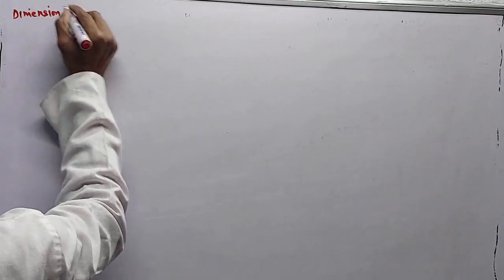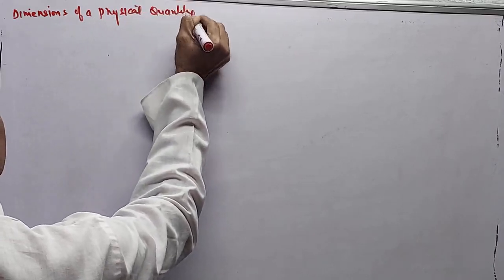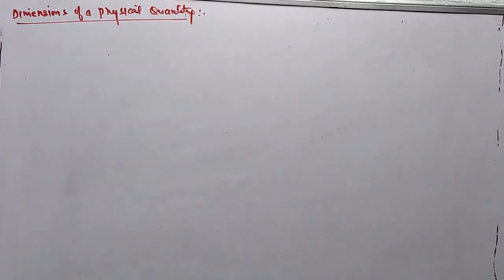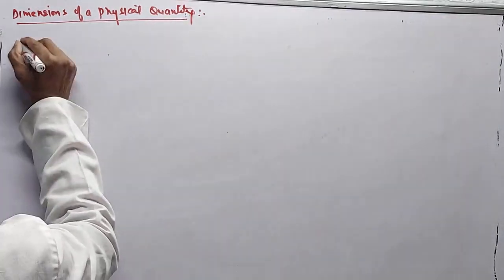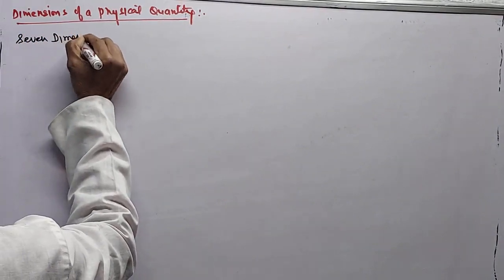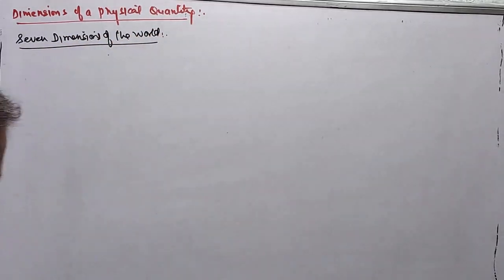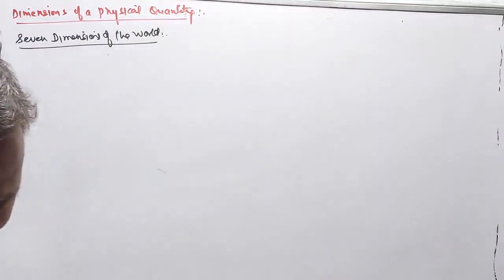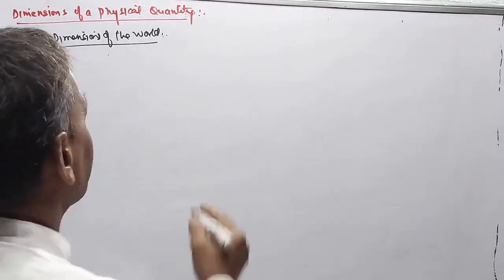Seven dimensions of the world. All the derived physical quantities can be expressed in terms of some combination of seven fundamental or base quantities.